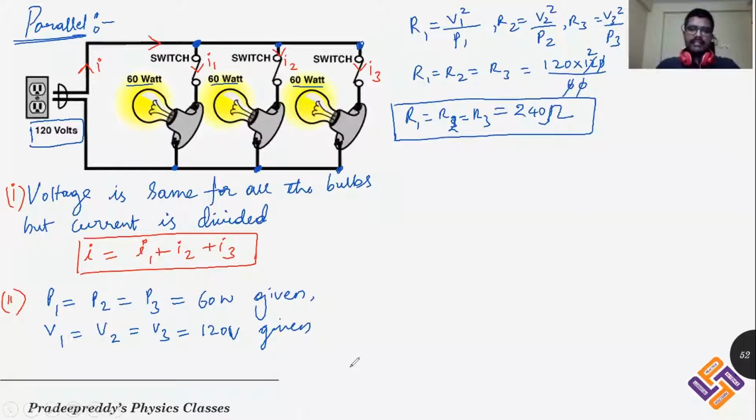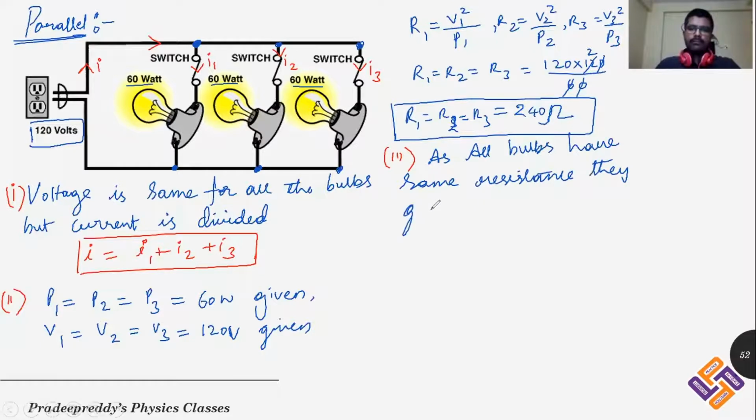As all the resistances are equal, you can clearly understand that as all bulbs have the same resistance, they glow with equal brightness.